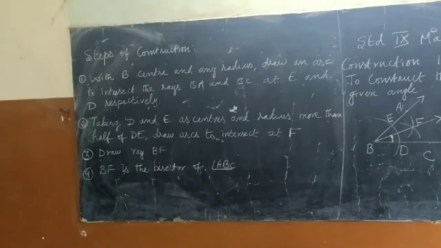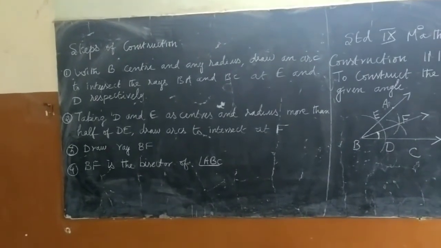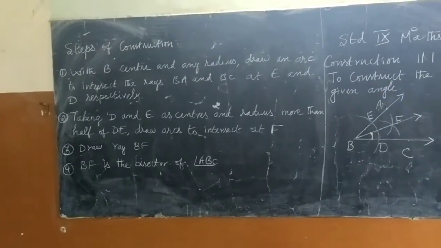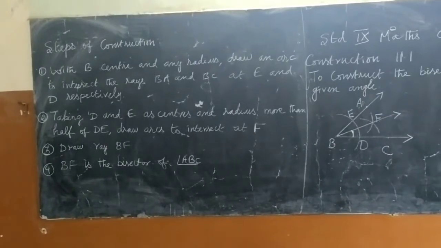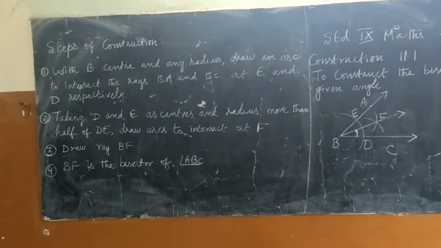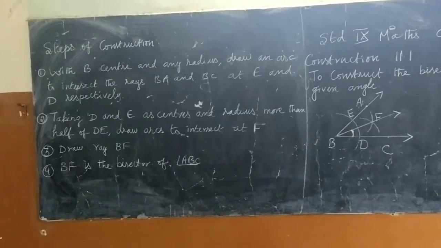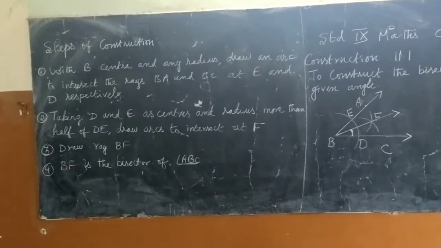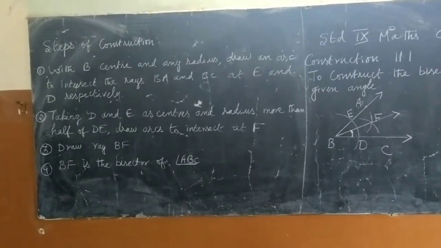Now let us see the steps of construction. The first point is, with B center and any radius, draw an arc to intersect the rays BA and BC at E and D respectively.